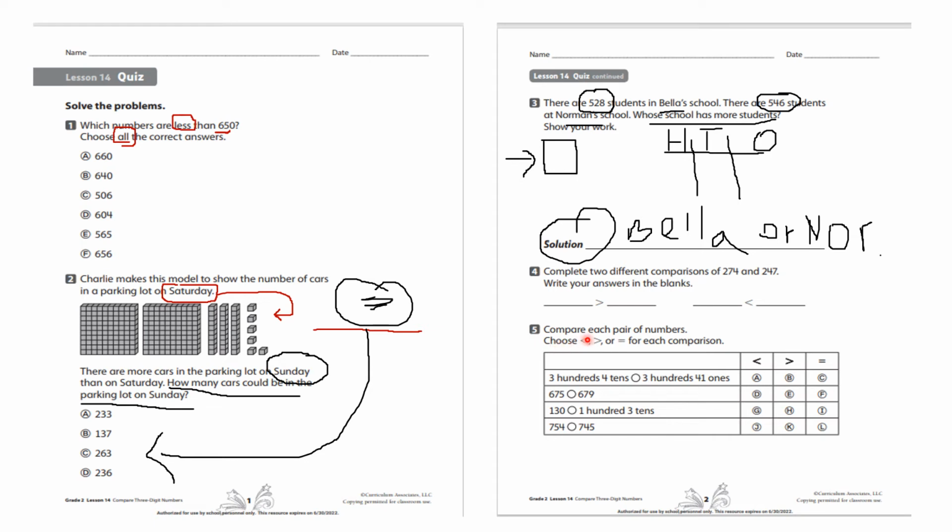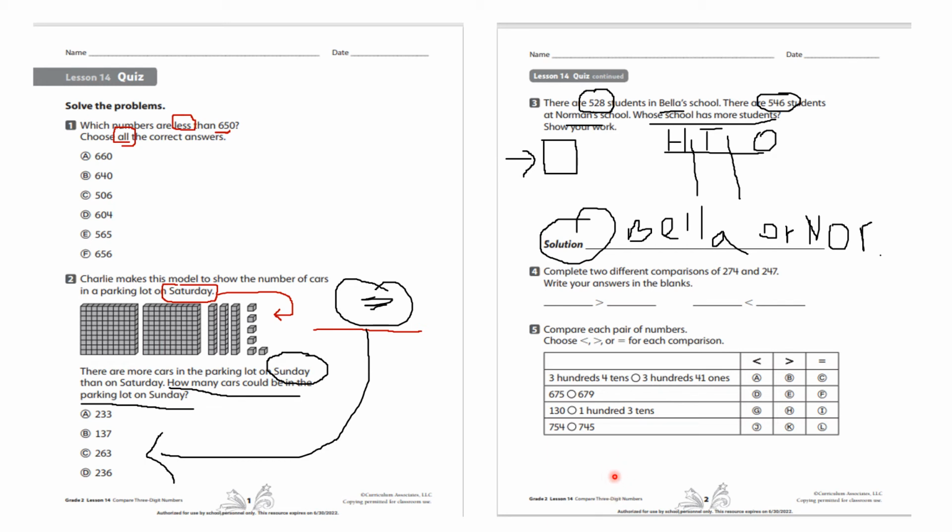It says, compare each pair of numbers. Choose more than, less than, or equal to. Remember, if the two numbers are equal, it means they are the same. So it says 3 hundreds, 4 tens. Write down here what 3 hundreds, 4 tens is. Then it says down here, 3 hundreds, 41 ones.